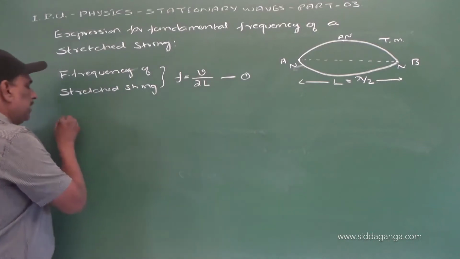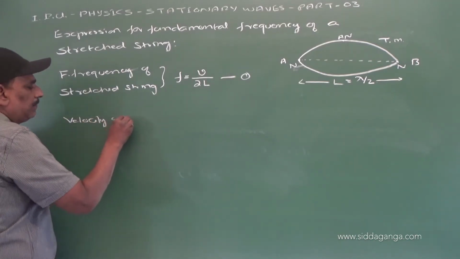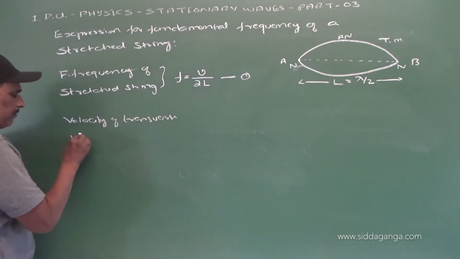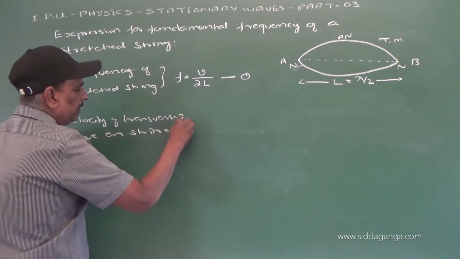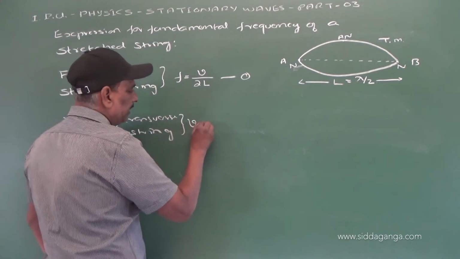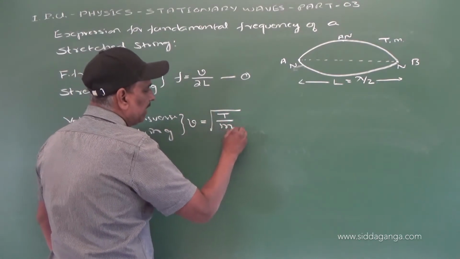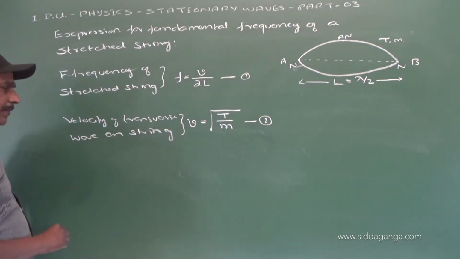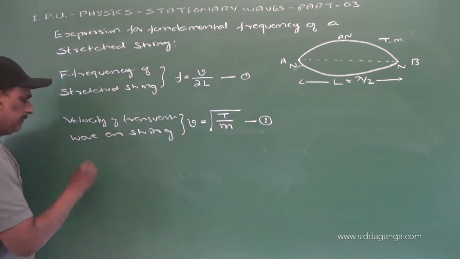Now, here we have also discussed that the velocity of a transverse wave on a string, V is equal to square root of T by M, equation 2, where T is the tension in the string and M is the mass per unit length.